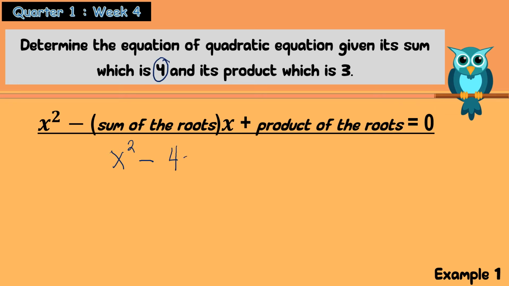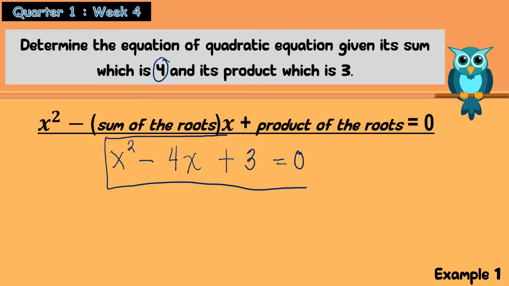Do not forget to write here x, plus the product of the roots, which is positive 3, is equal to 0. So therefore, this is the quadratic equation given the sum of the roots, which is positive 4, and the product, which is positive 3.